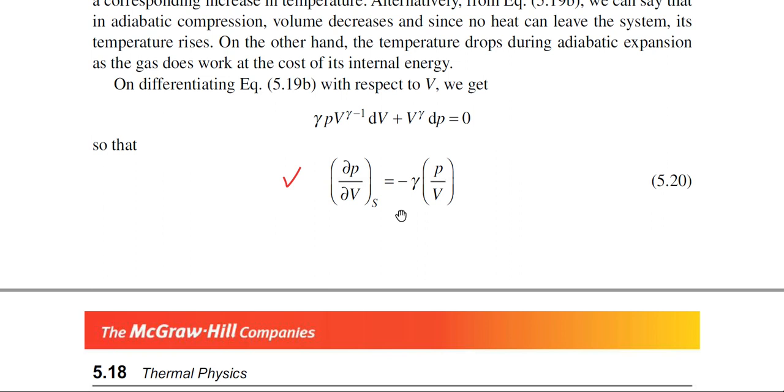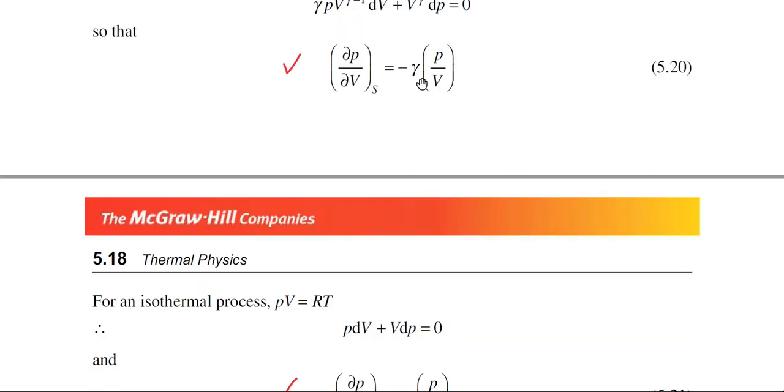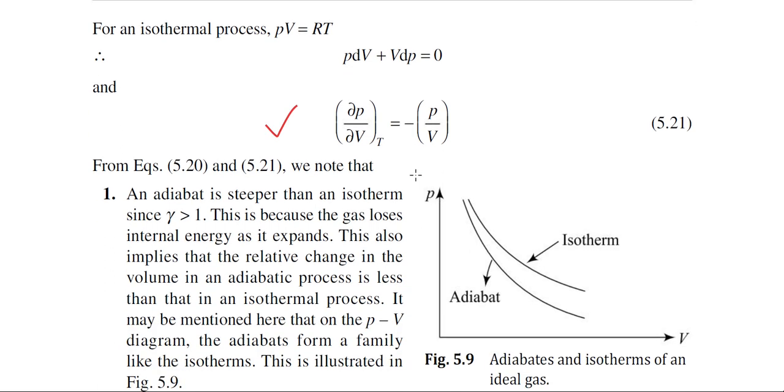If you compare adiabatic and isothermal processes, the slope for adiabatic is higher by gamma times. So, gamma is multiplied here. If you plot an isotherm and an adiabat in a single graph, the adiabat will be steeper than the isotherm, because gamma is greater than 1.